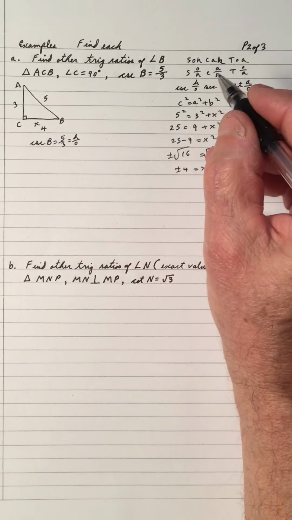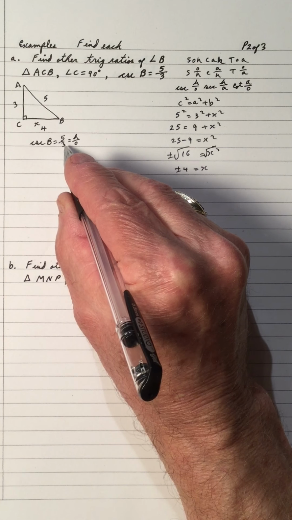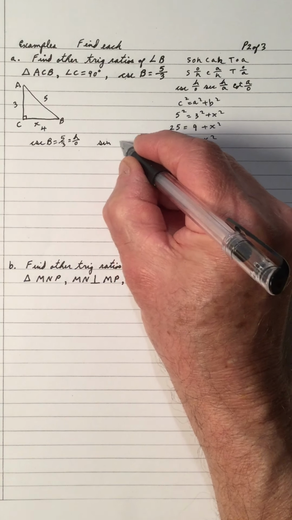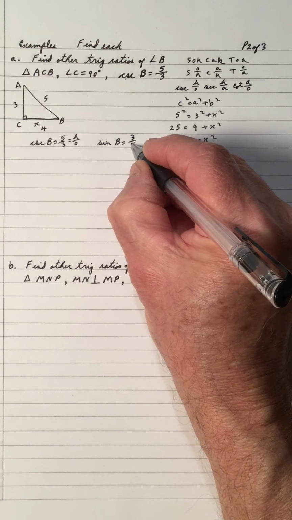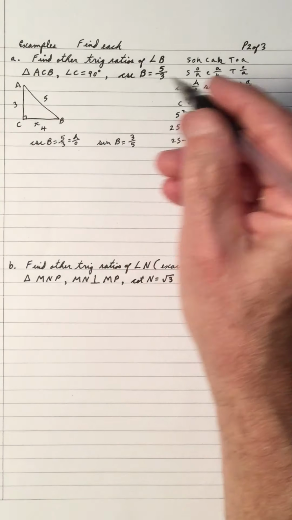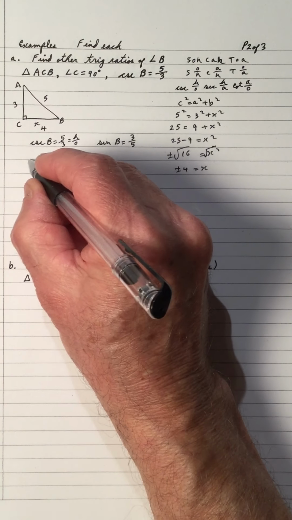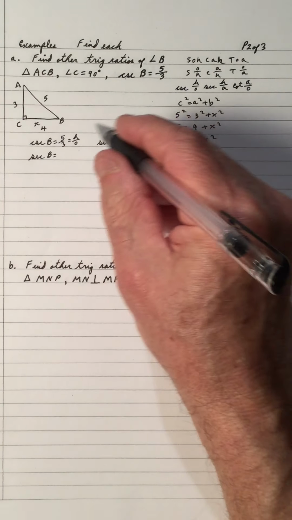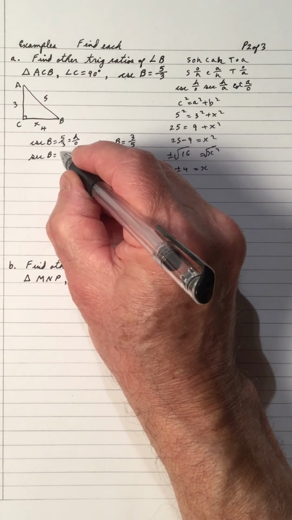So we found the other side. Cosecant is the reciprocal of sine, so it's easy to do sine of angle B, because it's just the reciprocal, 3/5. Now, it depends on what order you want to do it. You can do secant next of angle B, and secant is hypotenuse over adjacent.